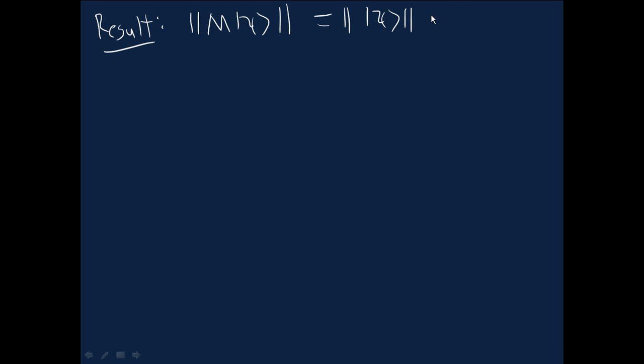In particular, what we're interested in is this result. Remember, we want to show that if M preserves lengths when it acts on any vector psi, then M is necessarily unitary.